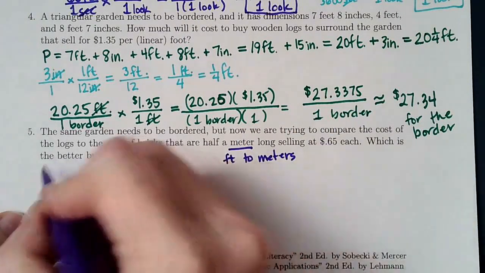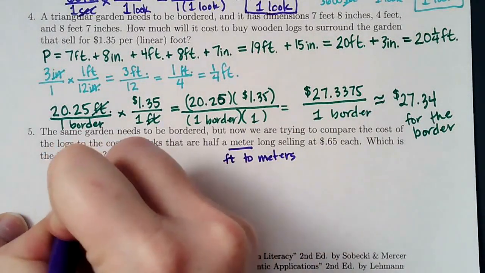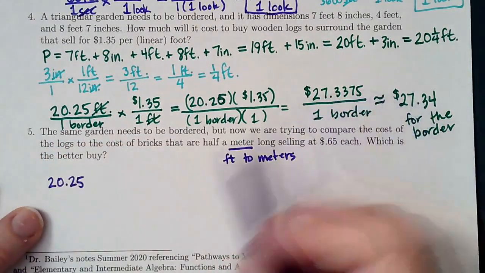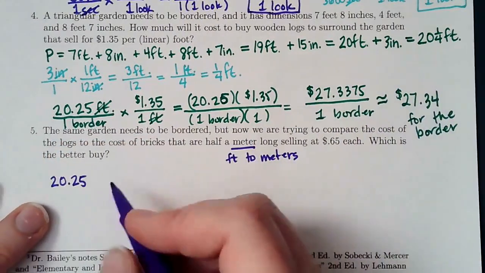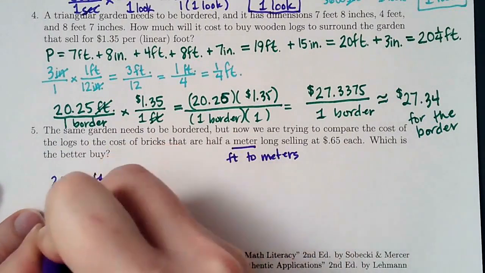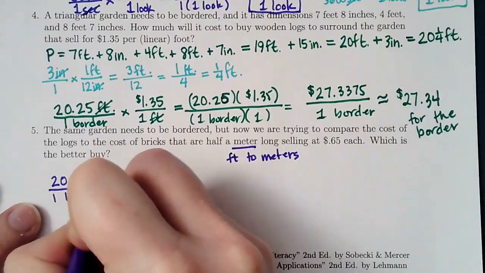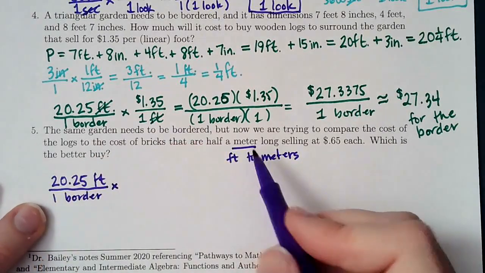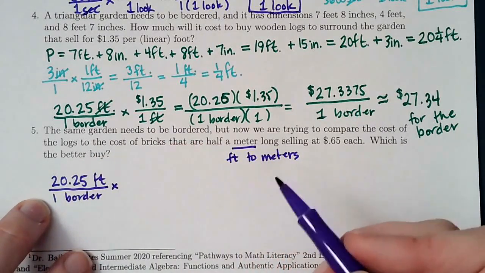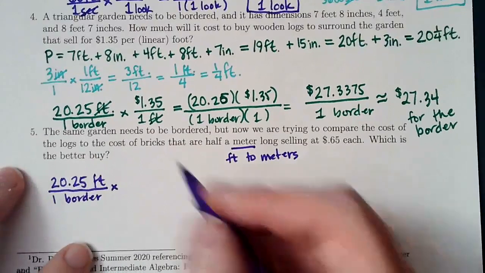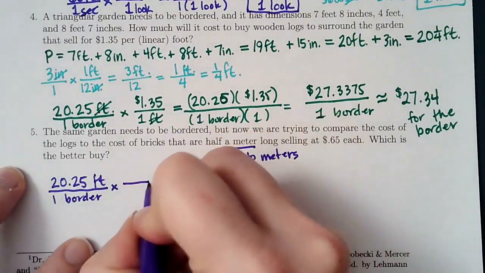I notice when I look back, so 20.25 feet for that one border. And that there are approximately 3.28 feet per each 1 meter.